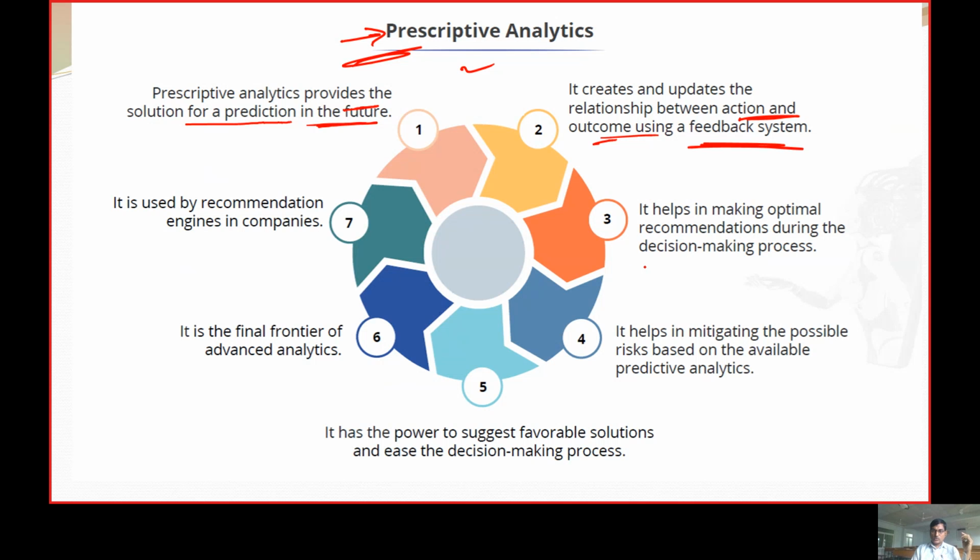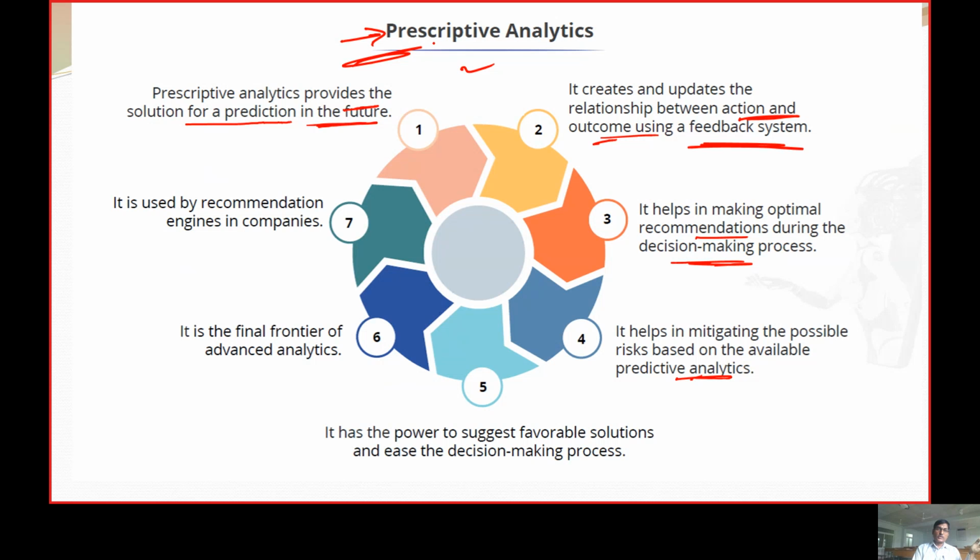Another one is that it helps with optimal recommendations. In order to do decision making, it goes with making optimal decisions, and it gives some recommendations. That is where prescriptive analysis comes in. Then we have mitigating the possible risk based on predictive analysis.